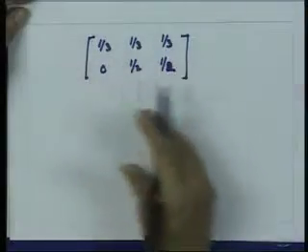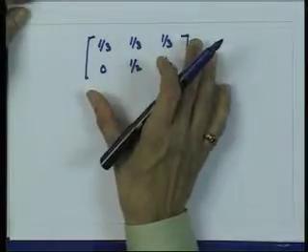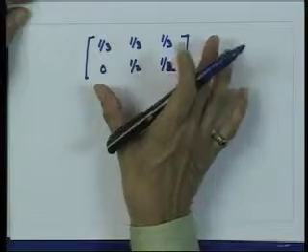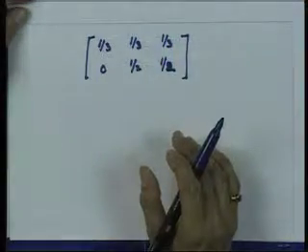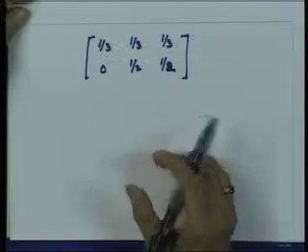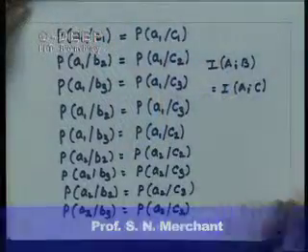So, we can use this equivalent channel matrix to find out the backward probabilities and probabilities of C, and we can show that this relationship is valid.